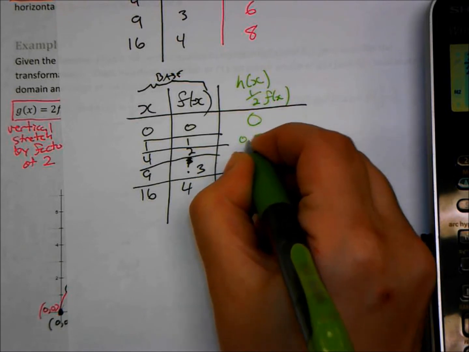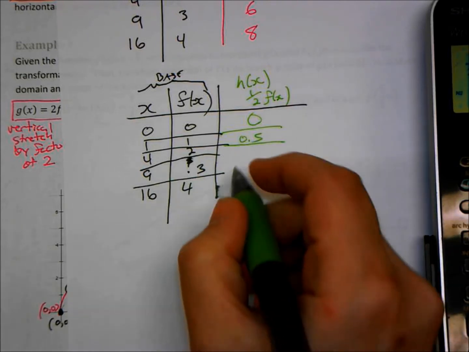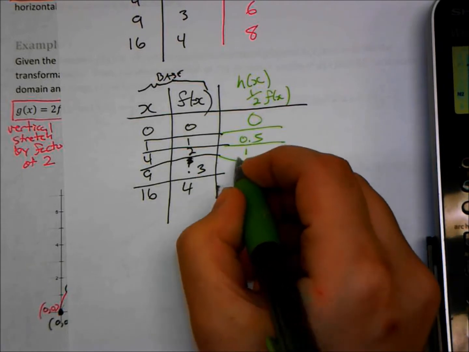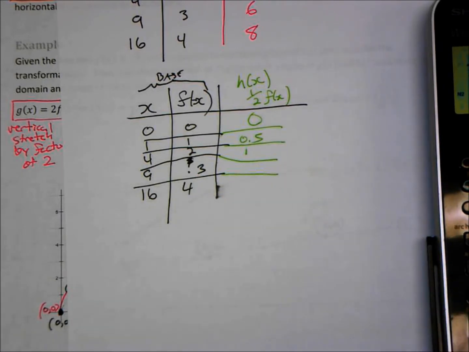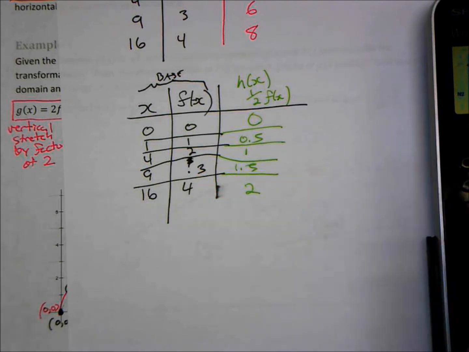I'm going to put it as a decimal, usually easier to graph. 2 times 1 over 2 is only 1. This one's going to be 3 times 1 over 2, which is 1.5. And this one's going to be a 2.